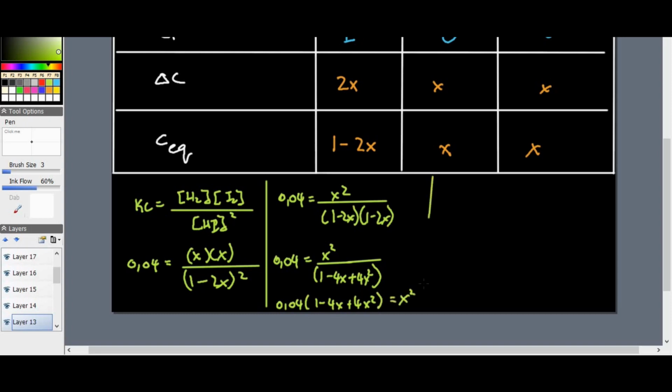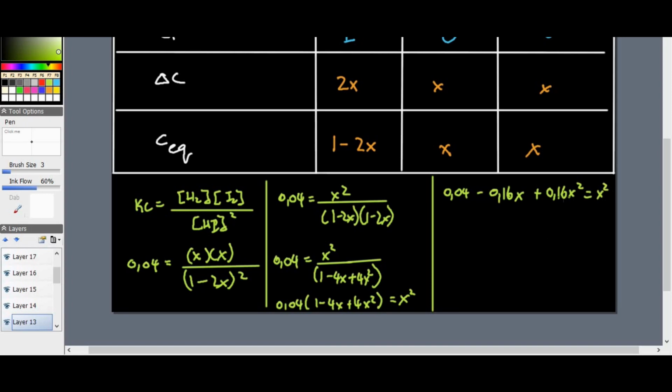Great. And let's see what we can squeeze in here. Alright, so if we do that, we're going to have 0,04 minus, let's say 0,04 times 4, minus 0,16x and plus 0,16x squared is equal to x squared.